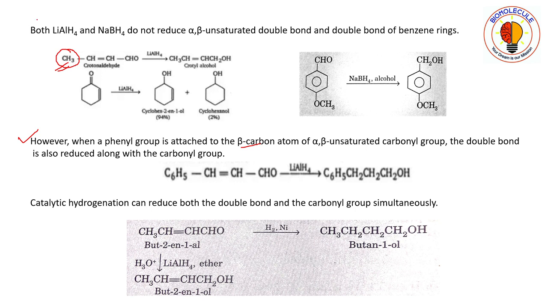Oh, my mistake, sorry, this one was our gamma carbon, not the beta carbon. This one is our beta carbon, sorry: this alpha, this beta and this gamma.